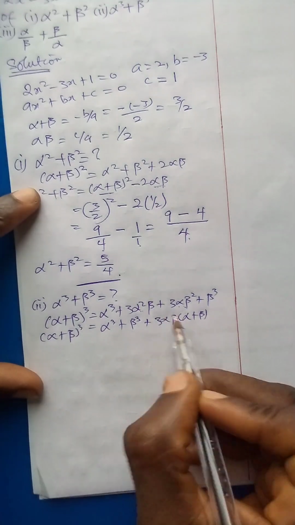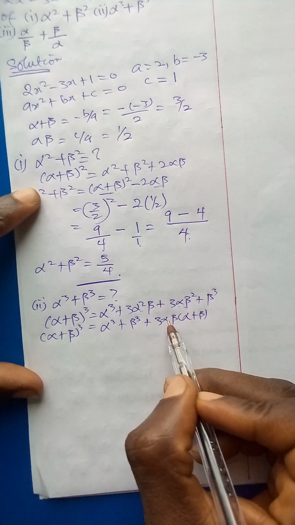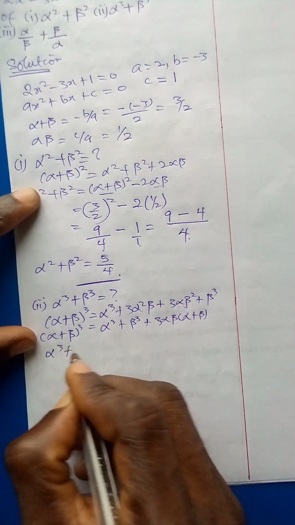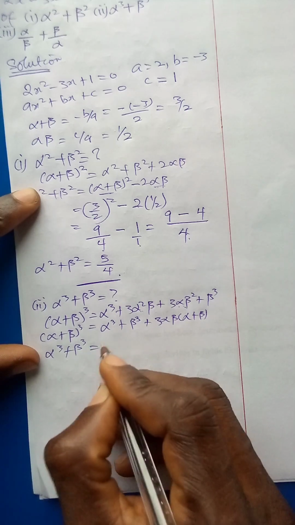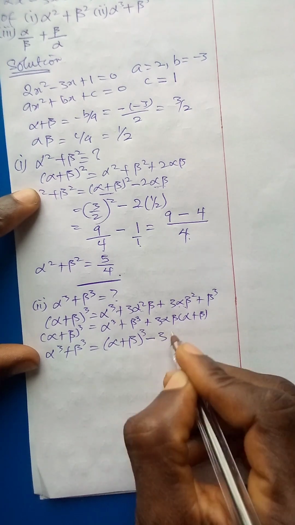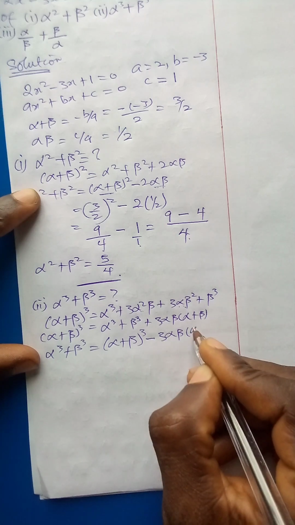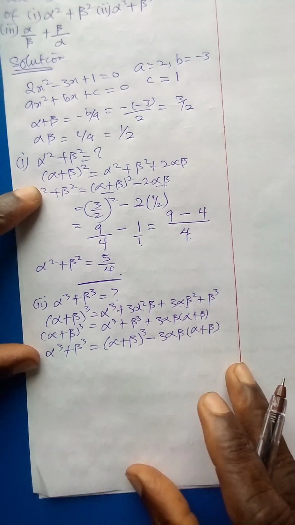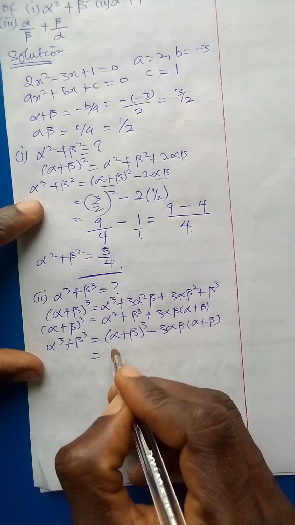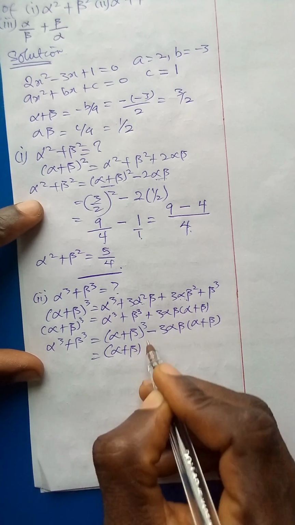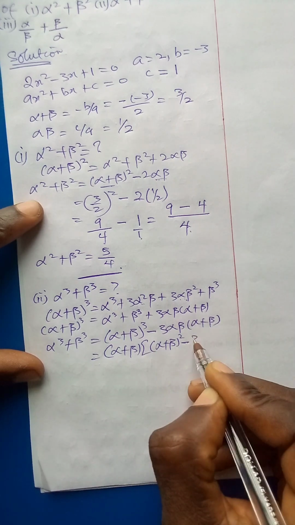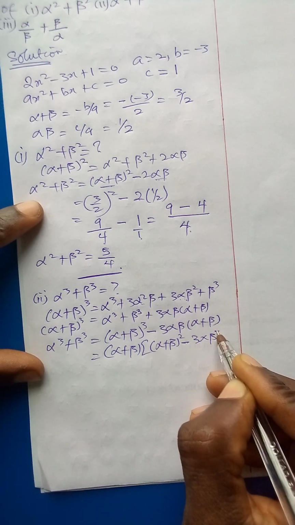Now let us take this part of the expression in the right hand side to the left hand side. So we have alpha cube plus beta cube equals alpha plus beta all cube minus 3 alpha beta times alpha plus beta. I can still factorize alpha plus beta here. I have alpha plus beta, then alpha plus beta all squared minus 3 alpha beta.